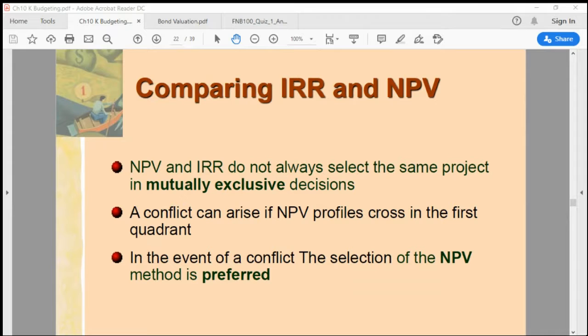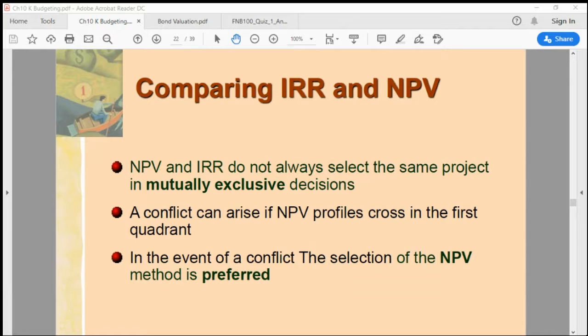Of course, the problem in internal rate of return is not really a big issue in practicality because it's only a theoretical issue.